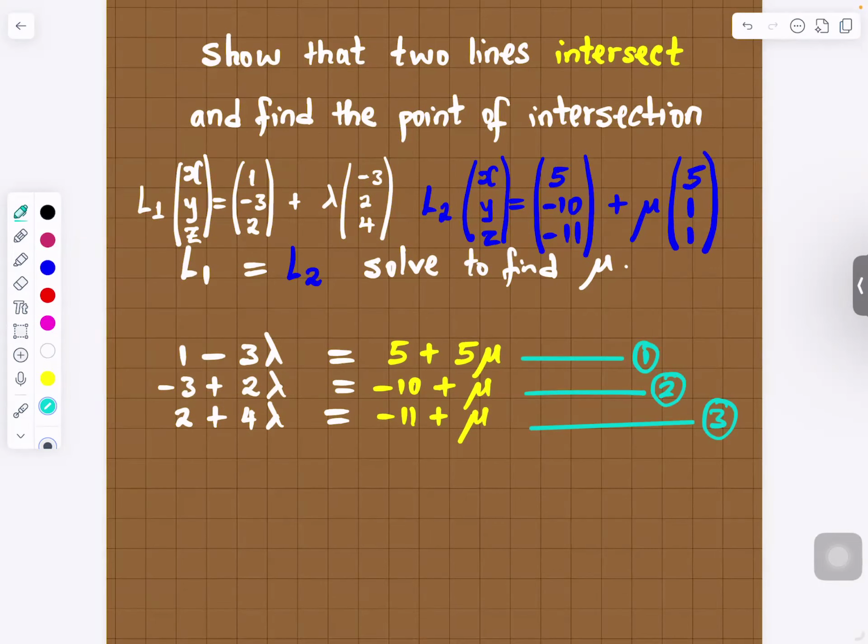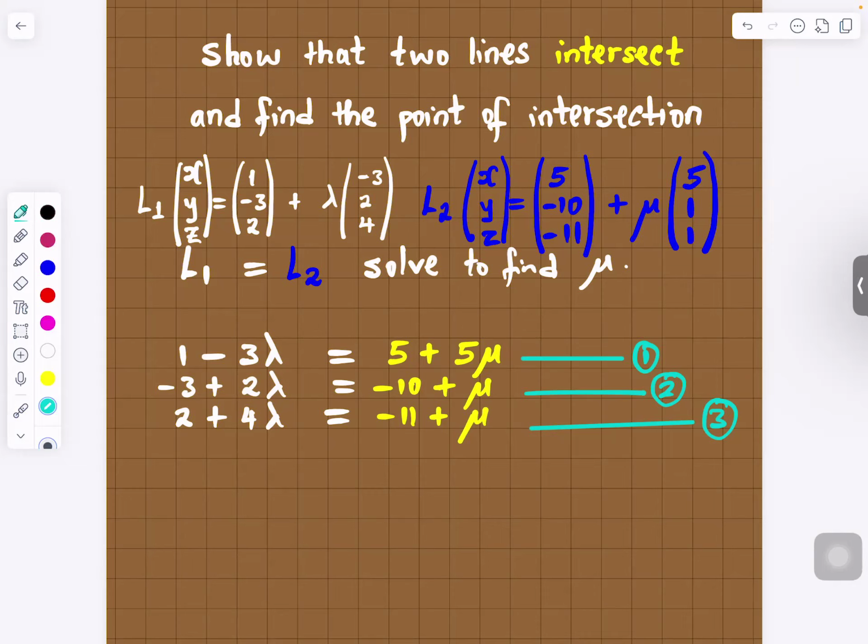Because equation 2 has got mu in it and 3 has got mu, if we subtract them, mu will disappear.